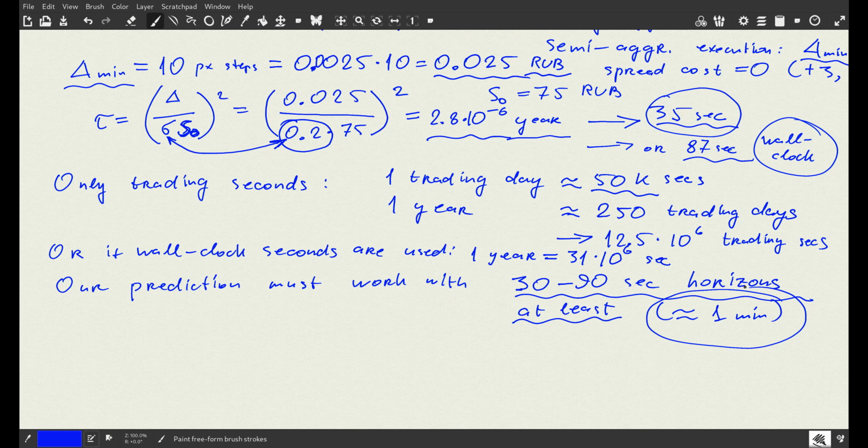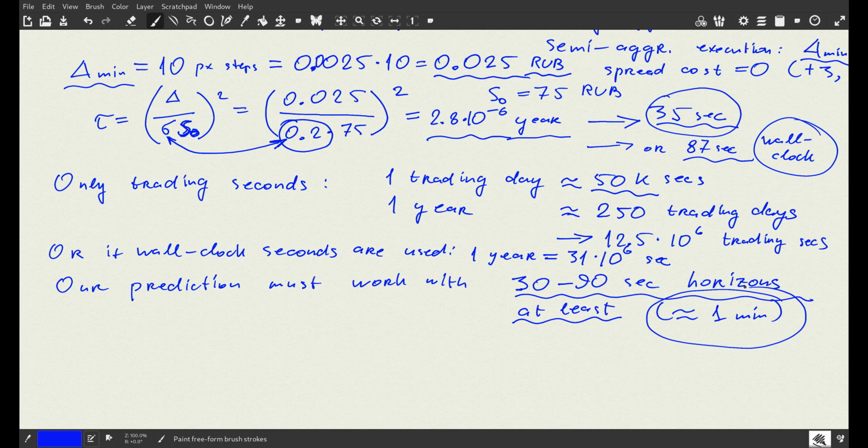To give an example, let's use 12.5. In which case, yes, a 30-second horizon is enough, but I would aim at 1 minute anyway, as some kind of just reasonable horizon we'll need to use. Let's say 1 minute is a good compromise.